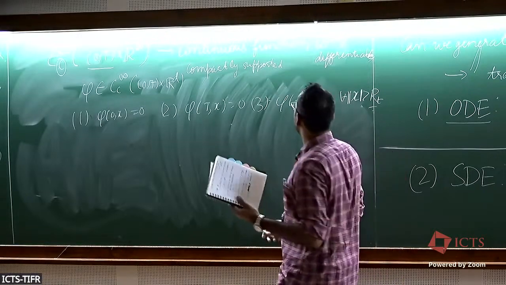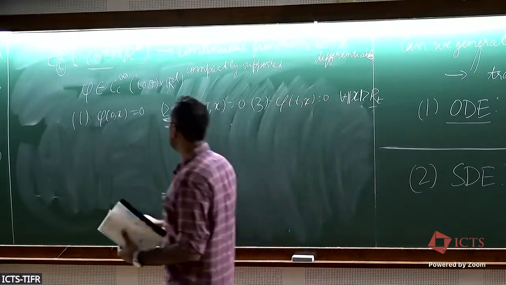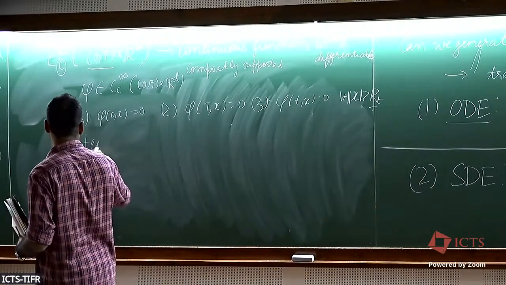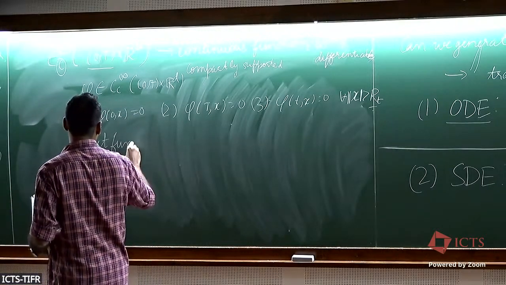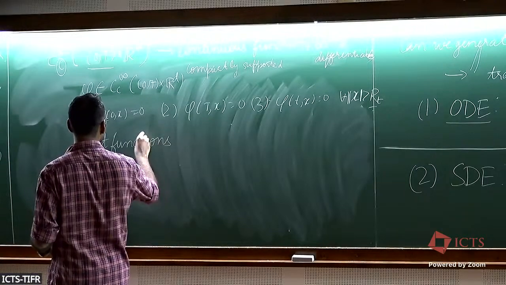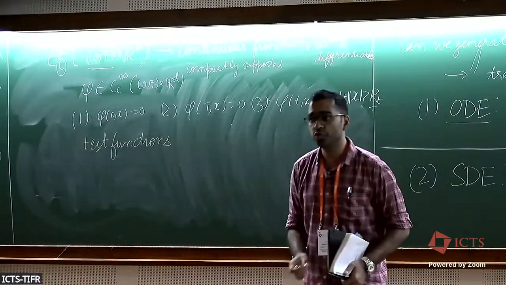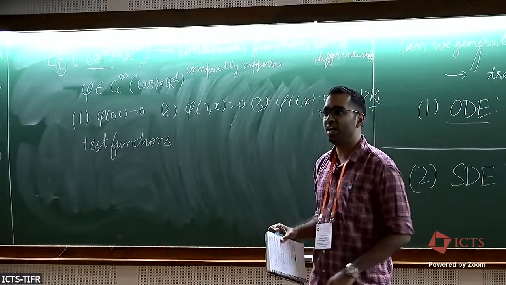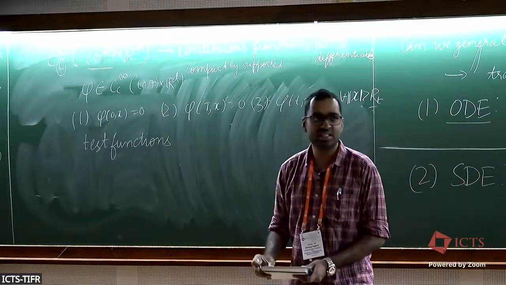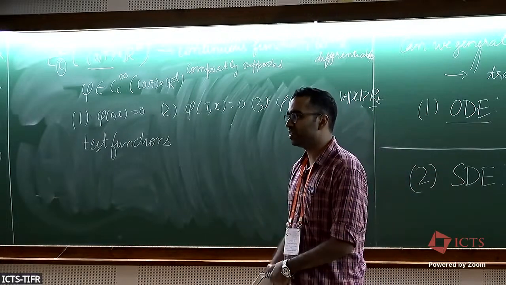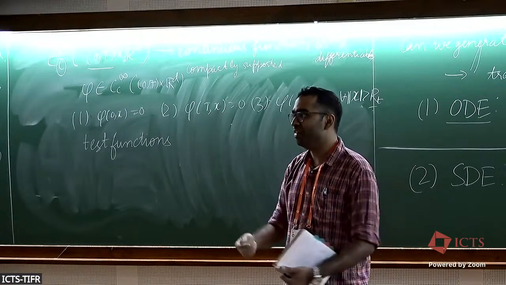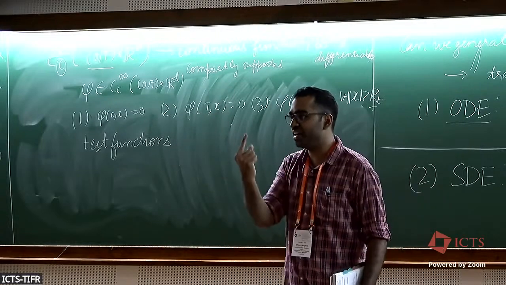These are called test functions. Test functions are especially useful in understanding PDE theory. Like I said, you might have studied physics in undergraduate, and they would say come up with this function called Dirac delta, which is 0 everywhere except at 0, where it is infinity, and it integrates to 1.